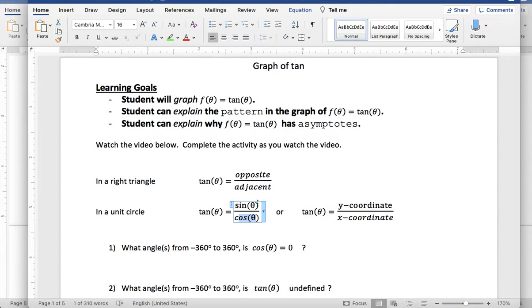Another way of thinking about it is that sine was equal to the y-coordinate of a point going around the unit circle, and your cosine was equal to the x-coordinate of a point going around the unit circle.